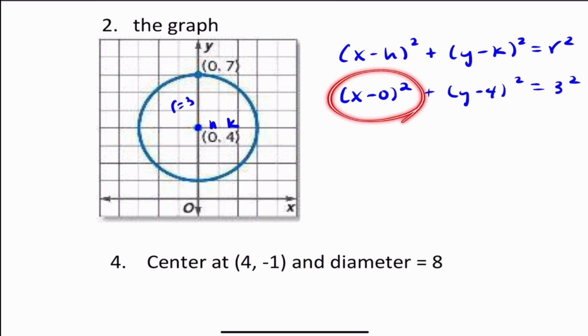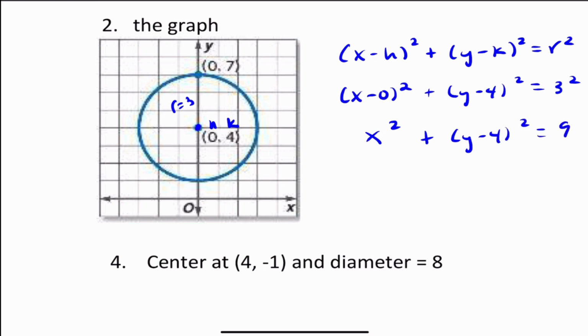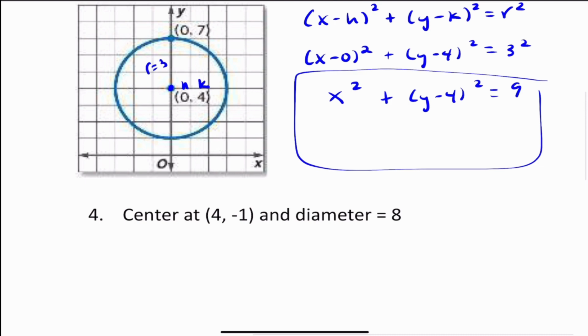And I can simplify this as x minus 0, the quantity squared, would just be x squared, plus y minus 4, quantity squared, equals 3 squared, being 9. That is your answer. Or if you want, you can just write x minus 0, the quantity squared, plus y minus 4, the quantity squared, equals 9. As long as you tell me what 3 squared is. You have to tell me what 3 squared is, okay? So these are your 2 answers.